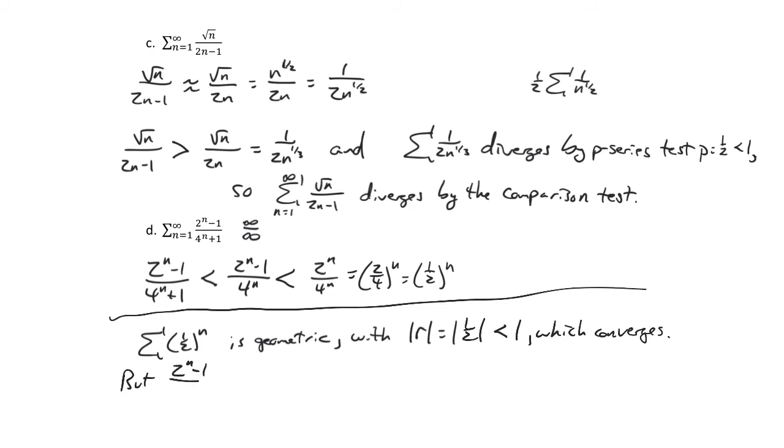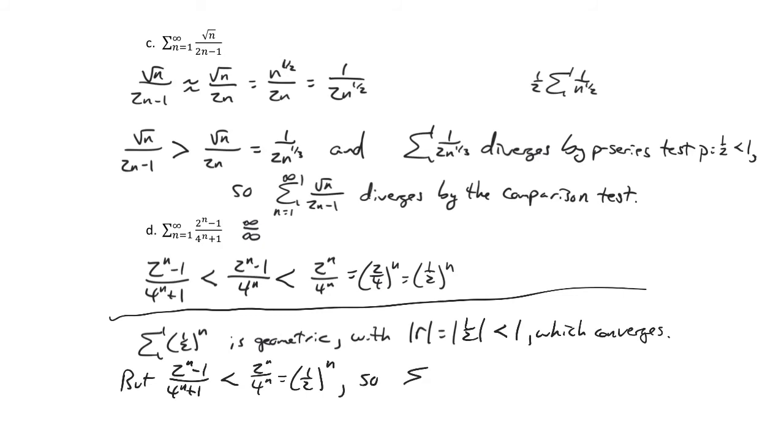So 2 to the nth minus 1 over 4 to the nth plus 1 is less than 2 to the nth over 4 to the nth. I'm skipping a little bit of that inequality, which is equal to 1/2 to the nth. Because my partial sums will be smaller than the partial sums with 1/2 to the nth, and 1/2 to the nth converges, that series converges.